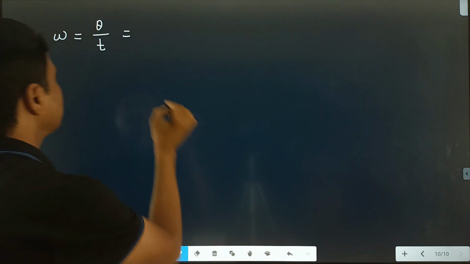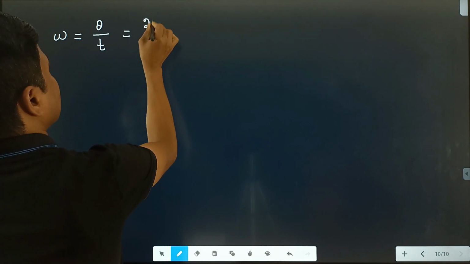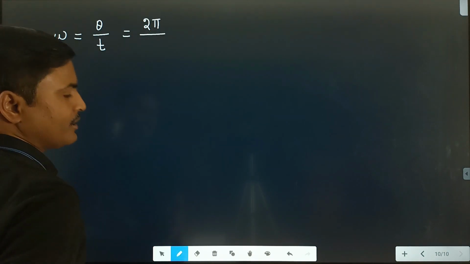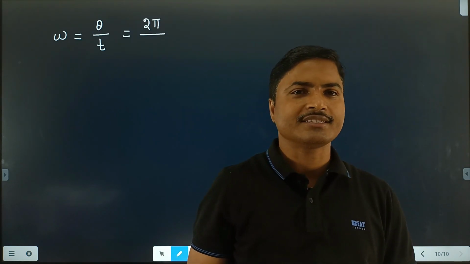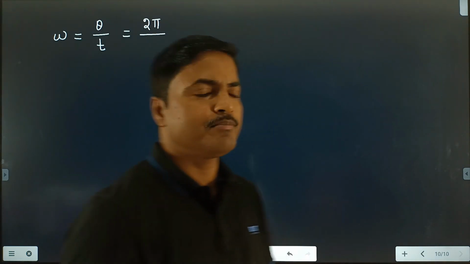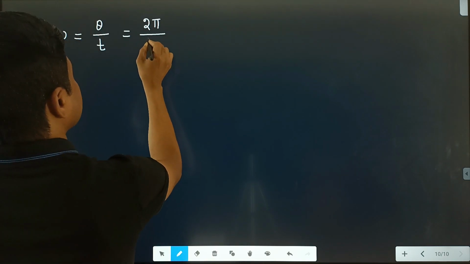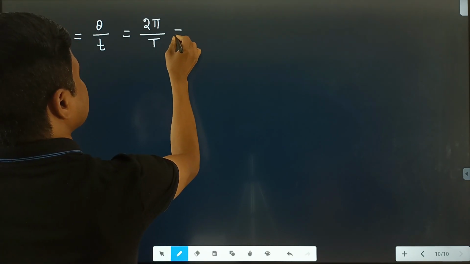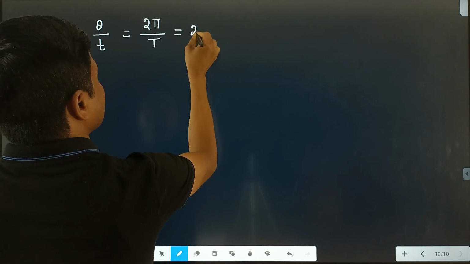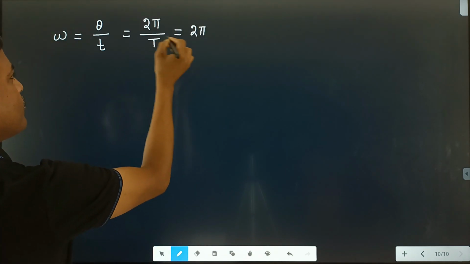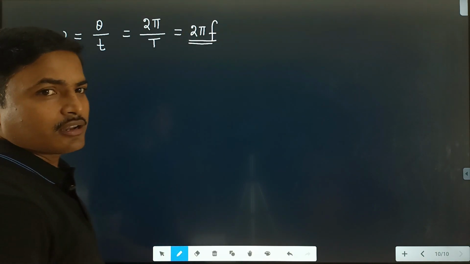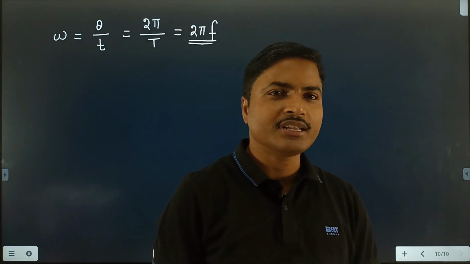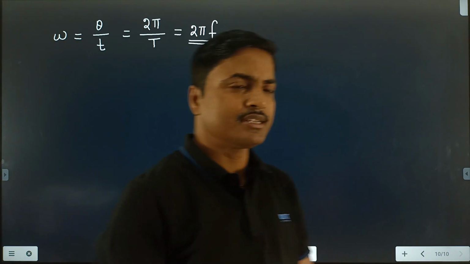So in place of theta we write twice pi divided by, for one complete cycle, the time taken by AC, that is known as your time period, and for time period we write capital T. So omega is equal to twice pi by T, and in place of 1 by T we write frequency, so omega is twice pi f. And this is the equation of angular velocity or angular frequency.